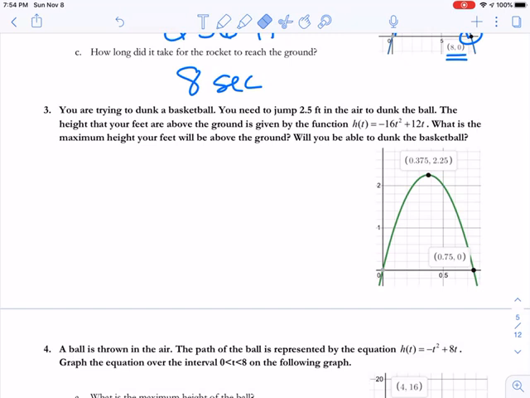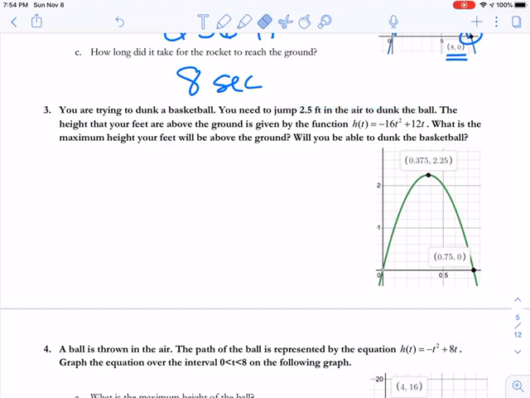Okay, so this graph shows the height that your feet are above the ground when you jump. So let's see, how high can you jump? At the highest, at your peak, you are 2.25 feet off the ground. Are you going to be able to dunk the ball?